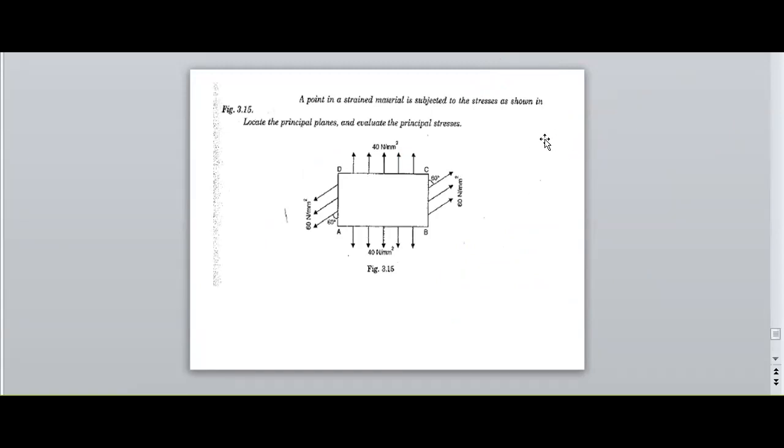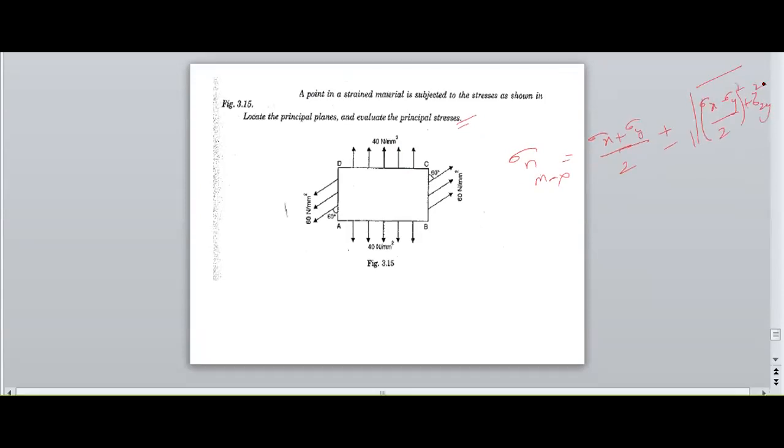How to find it? In the principal stresses equation, there is no requirement of angle.